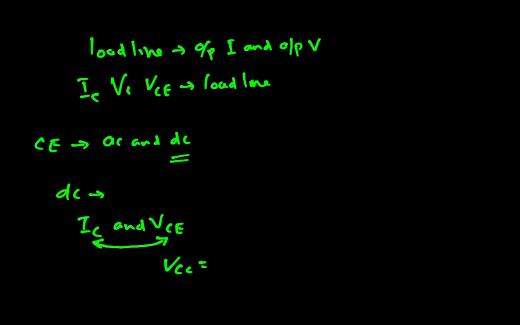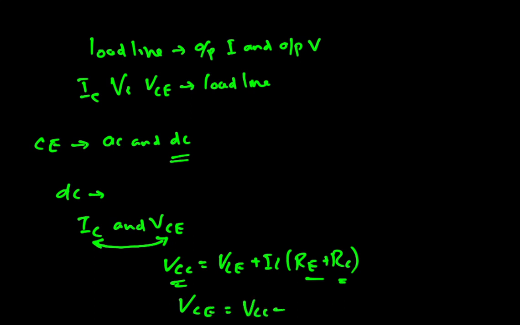So VCC is equal to VCE plus IC into (RC plus RE). Here VCC is a constant and RC plus RE is also a constant. So from here you can write VCE is equal to VCC minus IC into (RC plus RE).